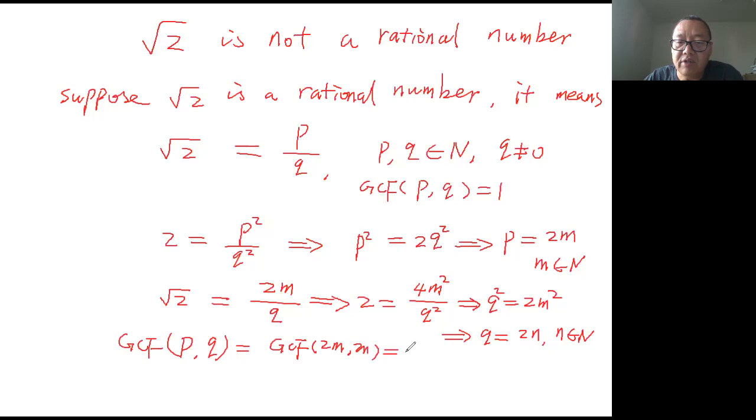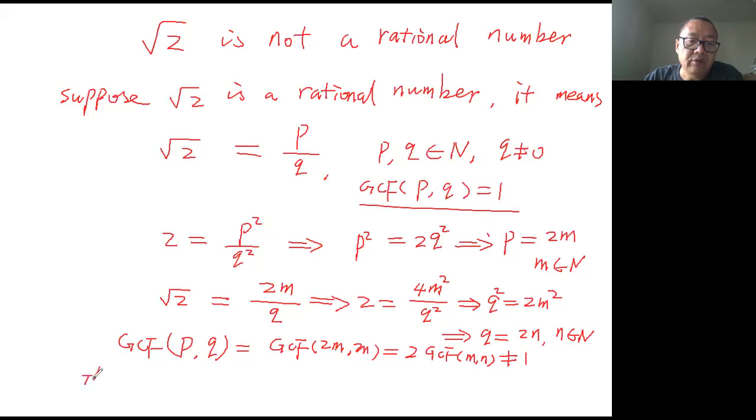That equals 2, at least 2, times the greatest common factor of m and n. The greatest common factor of m and n is at least 1, right? So this is not equal to 1. That means P and Q have a common factor bigger than 1. That contradicts our condition here, right? So we got a contradiction.